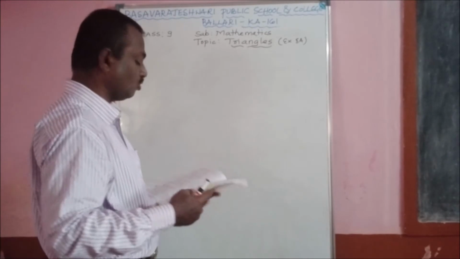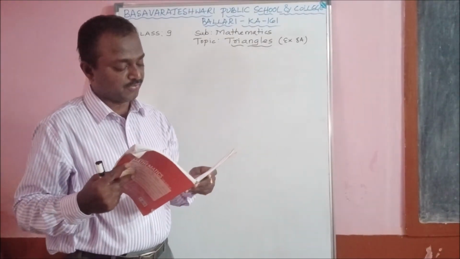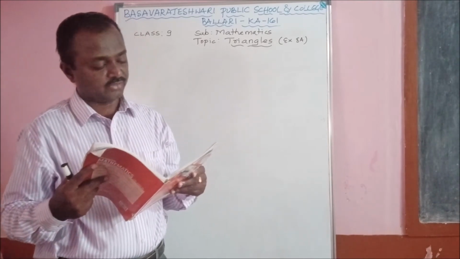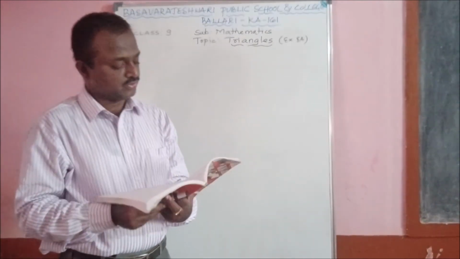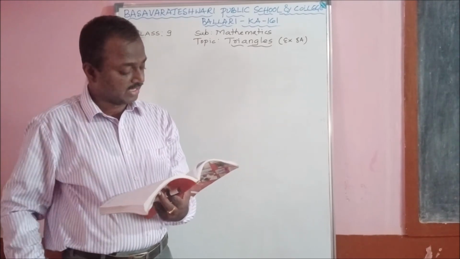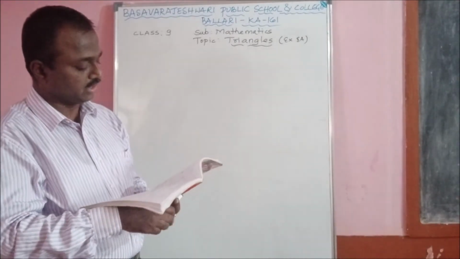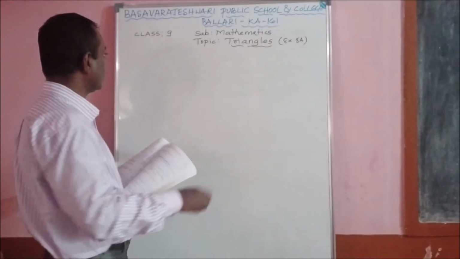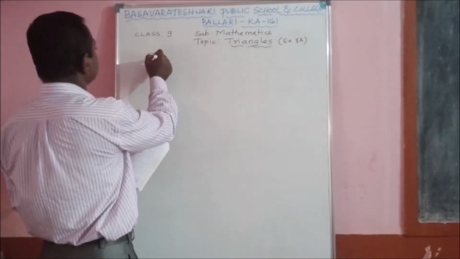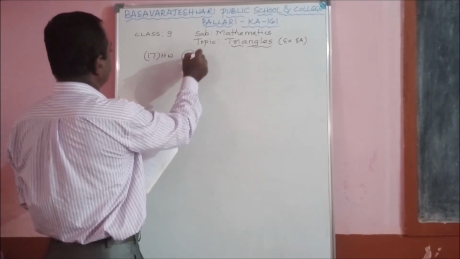I will give this as homework. So you try yourselves. ABCD is a parallelogram. E is the midpoint of BC, and DE meets AB produced at L. Prove that AB is equal to BL, and AL is equal to 2DC. That you prove it yourself. I will give this 17th sum as homework.